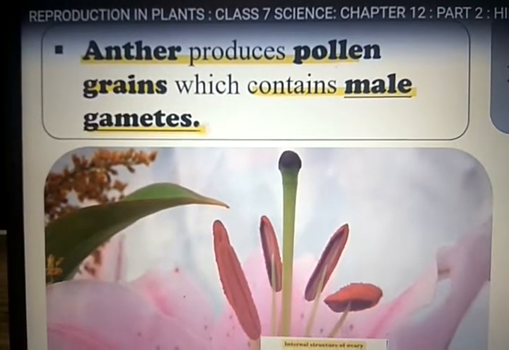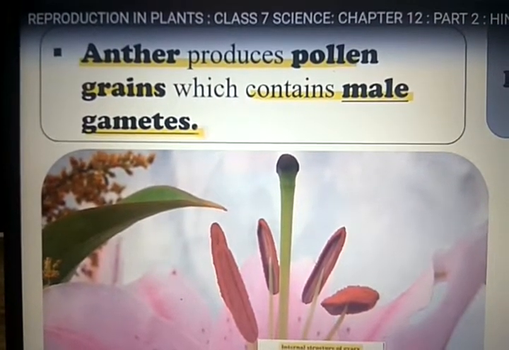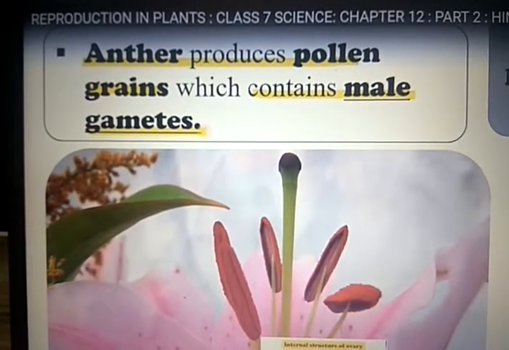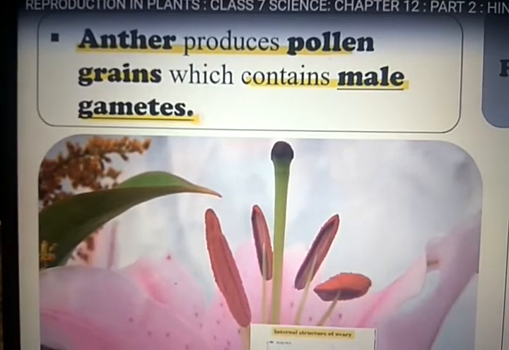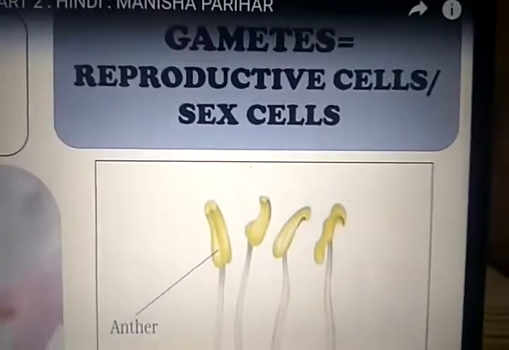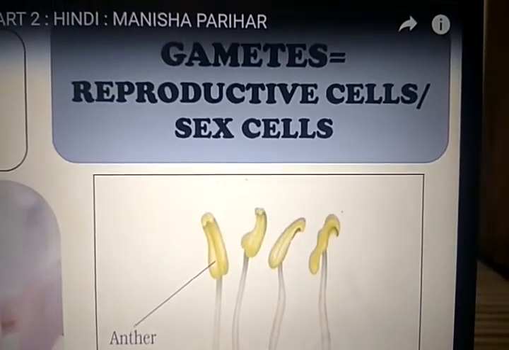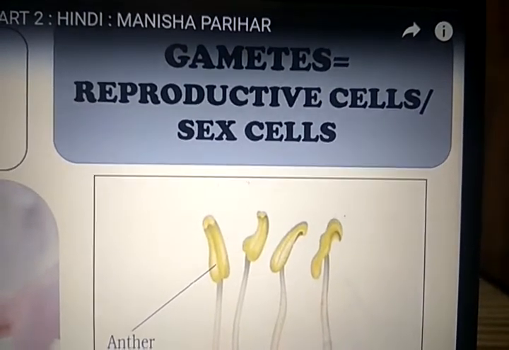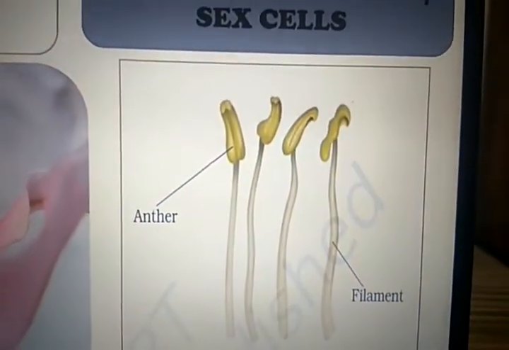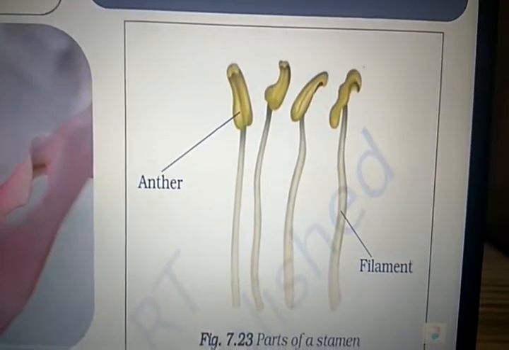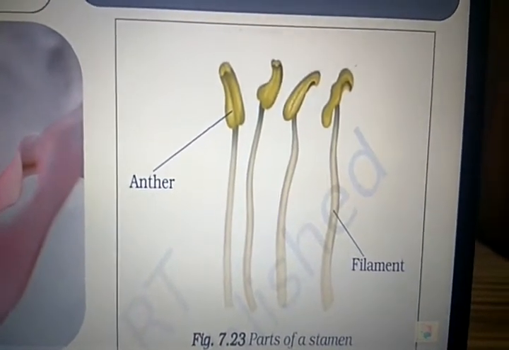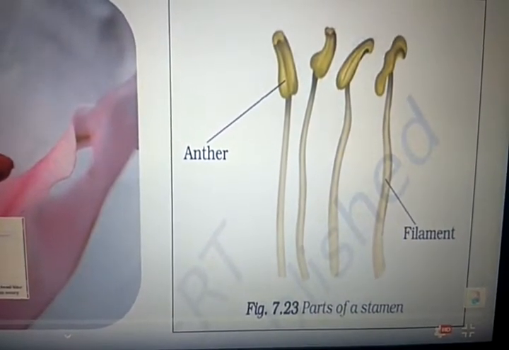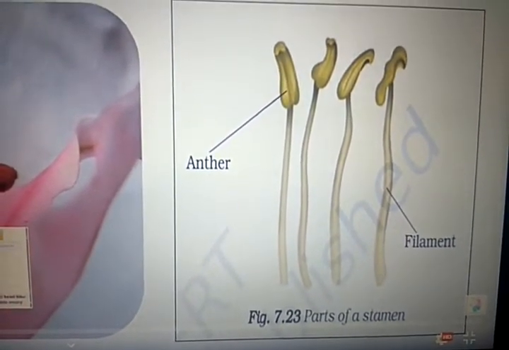Dear students, anther produces pollen grains which contain male gametes. So what is gametes? Gametes is a sex cell, or you can say reproductive cell. So anther and filament, they are the male part of the flower, means they are parts of stamen.